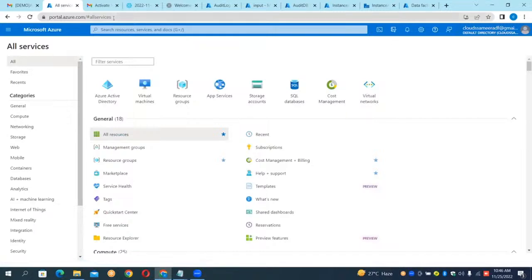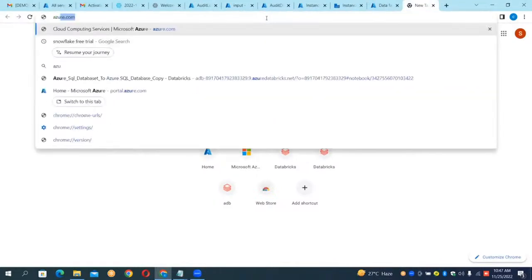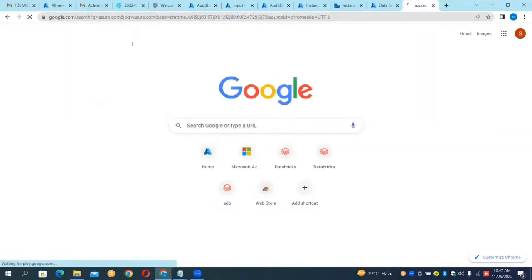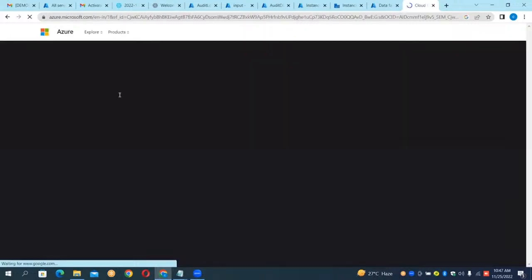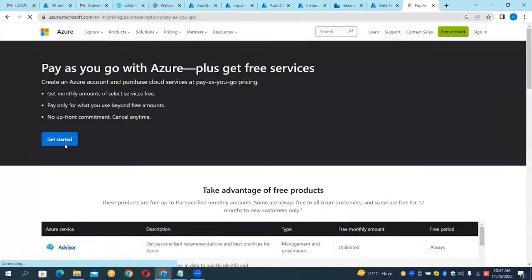Now, how to log into this portal, guys? I will tell you one more way. First of all, use azure.com. Once you use azure.com, get your free account. Click on Try Azure for free or Getting started.